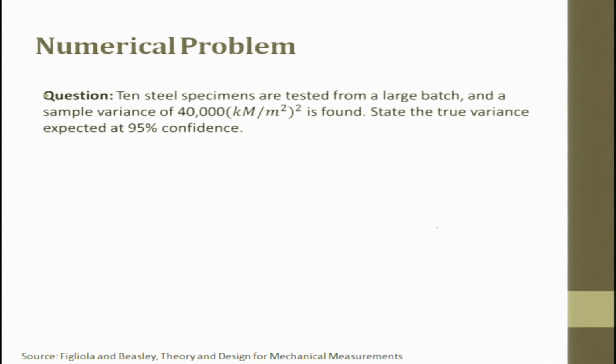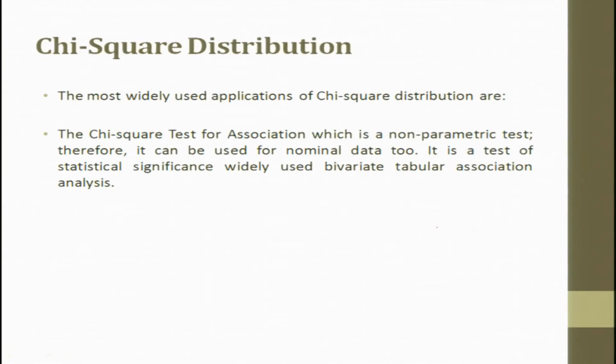So, before taking the example, I would like to tell you the significance of the Chi-Square distribution. Chi-Square distribution is most widely used for the test of associations, which is a non-parametric test. Therefore, it can be used for nominal data too. It is a test of statistical significance widely used for bivariate tabular association analysis.